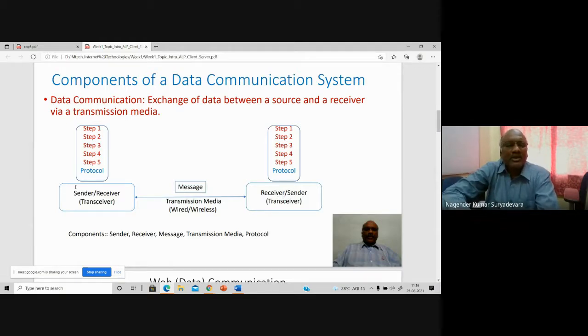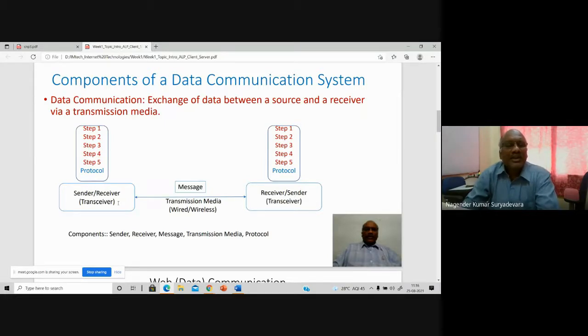These are the two terms you need to understand: sender and receiver. Sometimes at each end you have both. A device acting as both sender and receiver is called a transceiver in communication terminology: transmitting as well as receiving.